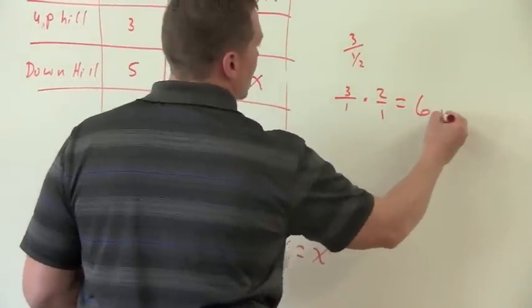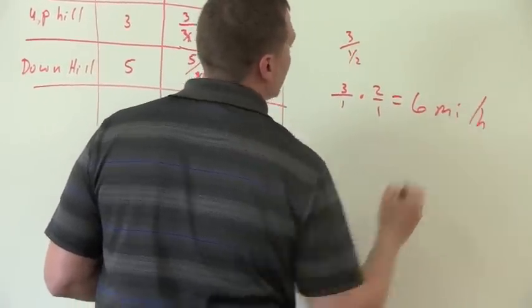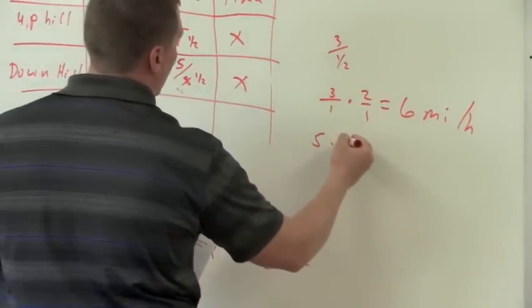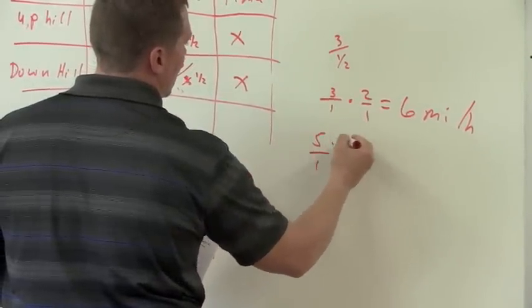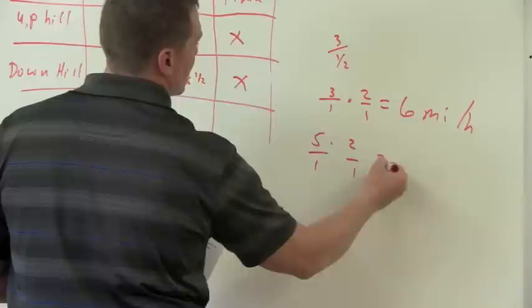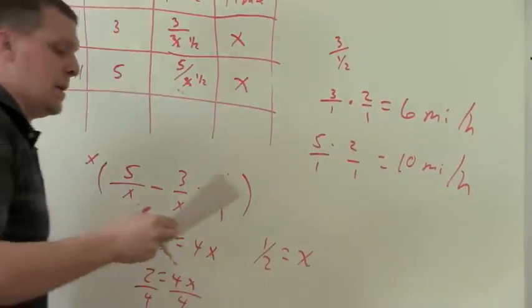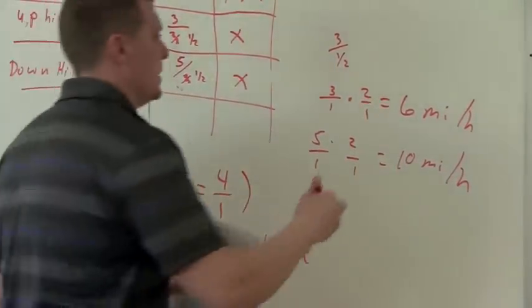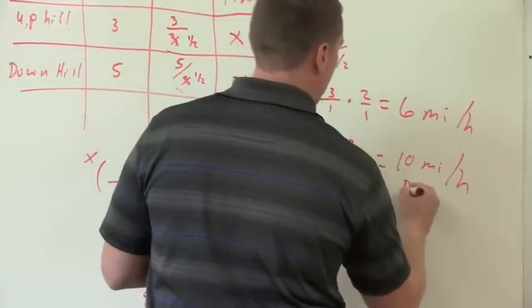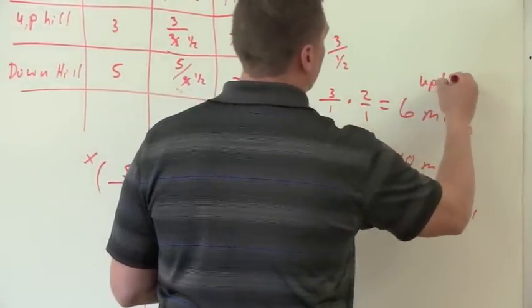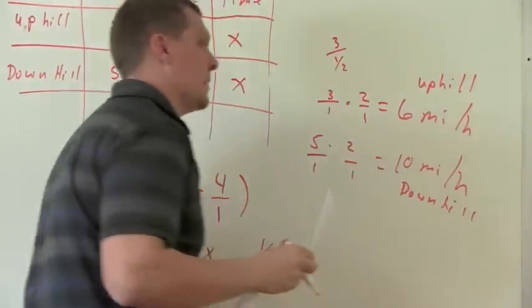That gives me 6 miles per hour. The other one would be 5 over 1 times 2 over 1, which gives me 10 miles per hour. So this is the downhill, this is the uphill, and that's how I got my rates.